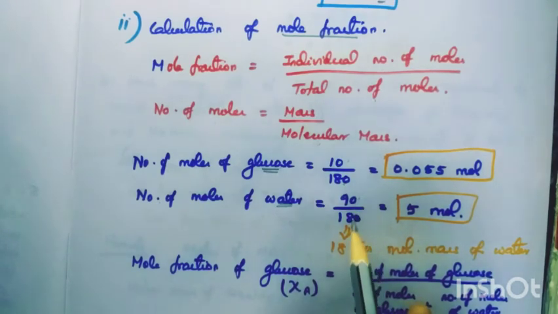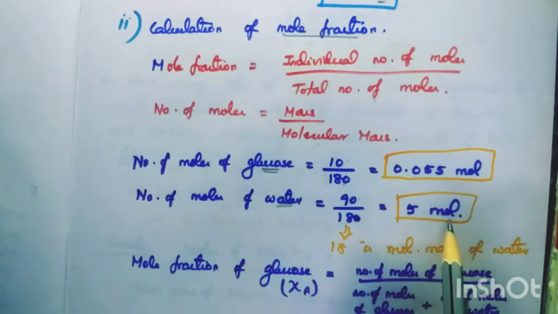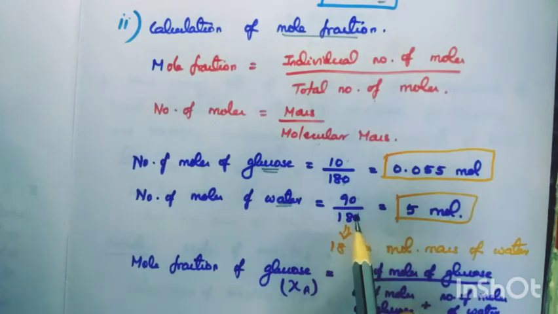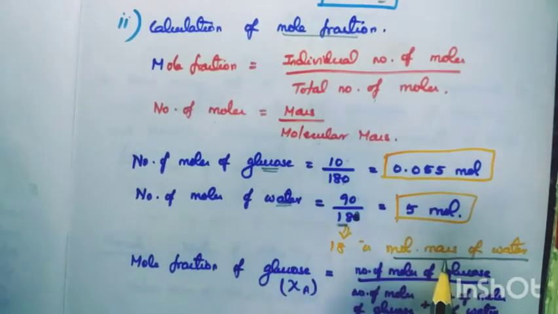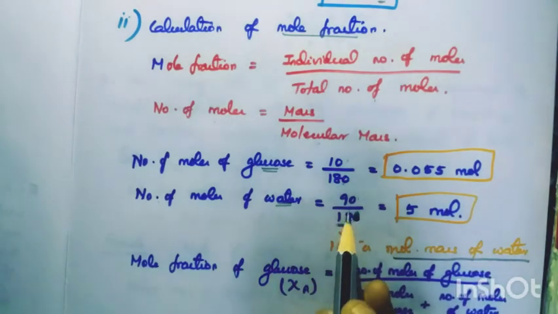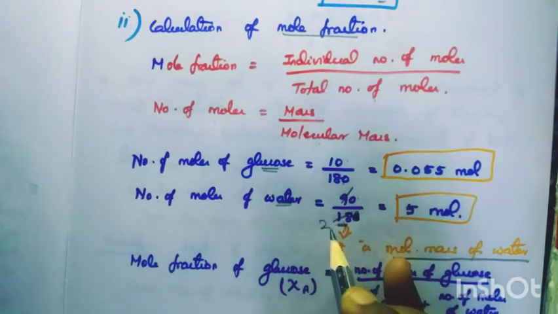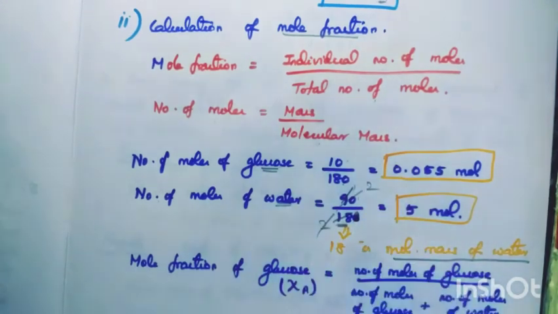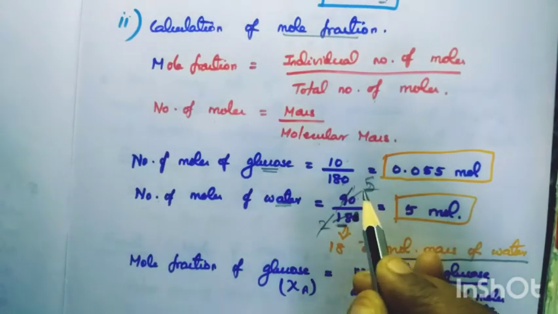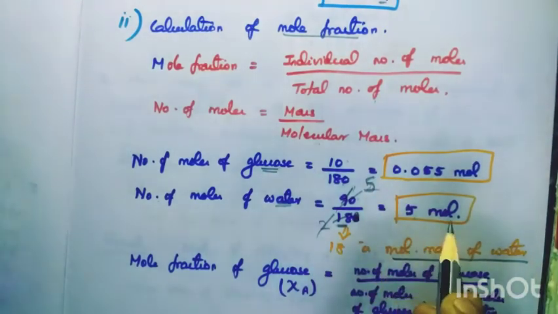Not 180, it is 18. 18 is nothing but the molar mass of the water. So 90 by 18, 5 mole.